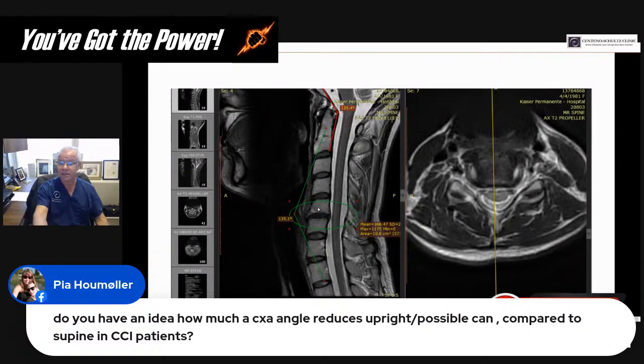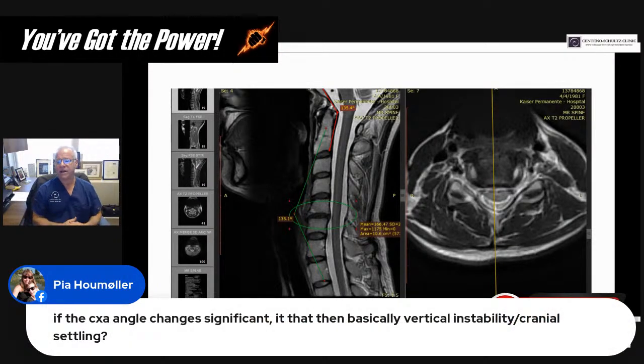And the treatment for that is not neurosurgery. The treatment is getting the curve back, if that person can have their curve restored, if they can tolerate it. So that's a very critical thing you're bringing up here, that there's a relationship between the clivo-axial angle, or CXA, and the status of the neck curve.